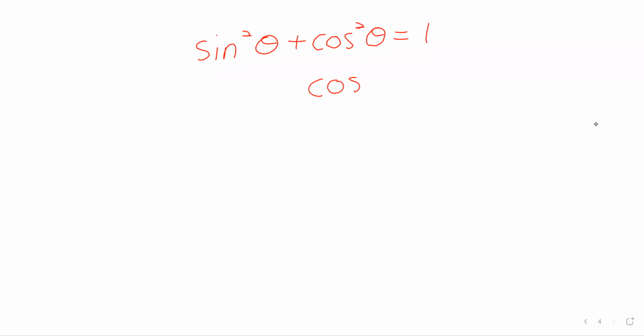The cosine squared is 1 minus the sine squared. And this is in fact just how we used the Pythagorean identity in the previous section.